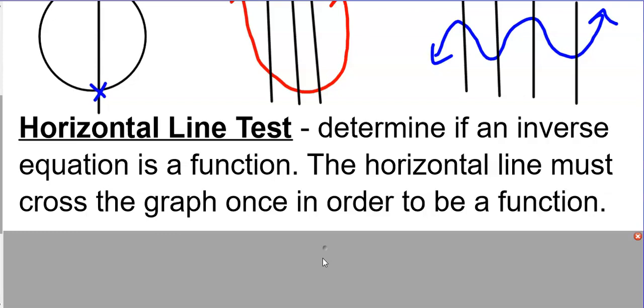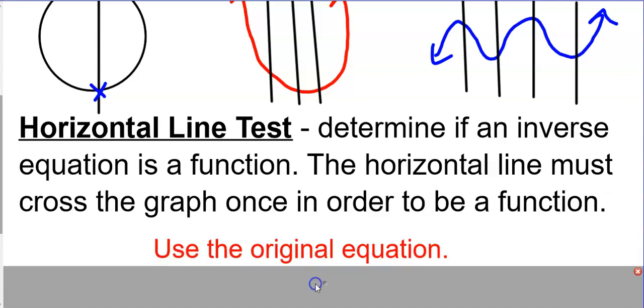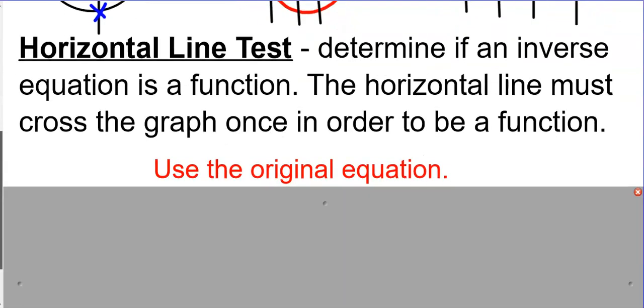Looking at the original graph, if a horizontal line touches in more than one spot, the inverse is not a function. So we use the original equation or graph to decide whether it actually is.